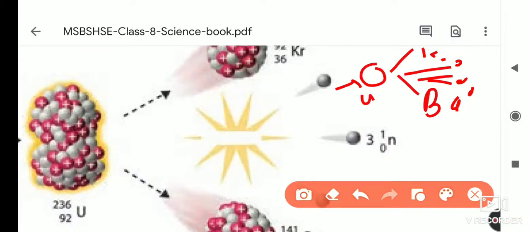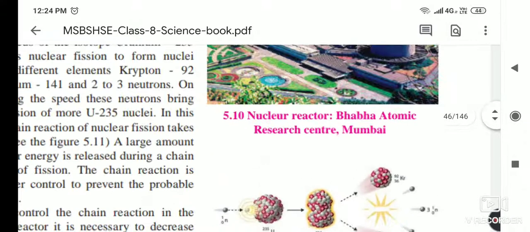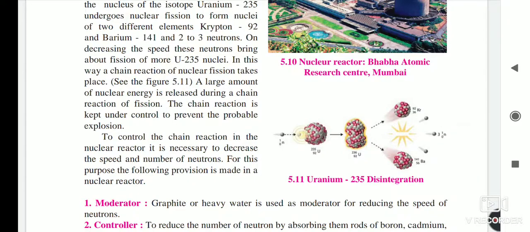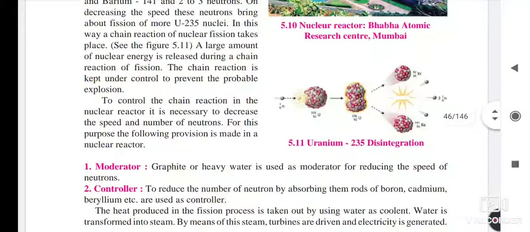So this is a chain reaction, again they will react with another uranium. See, this way it will explode. So to control this reaction, we have to control the speed of the neutrons, and for that purpose what are we using?